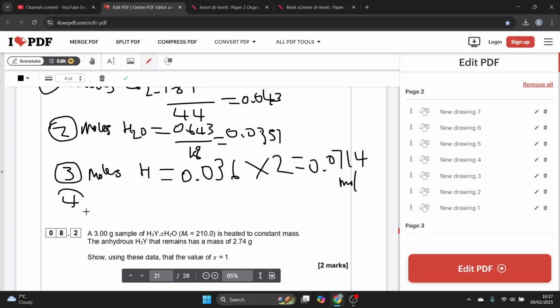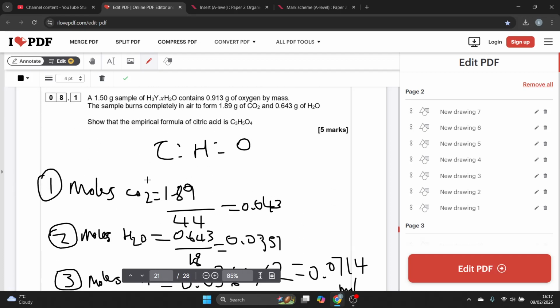And then I can work out the moles of oxygen. 0.913 divided by 16, obviously, 0.057 moles. So even if I didn't know what I'm doing, I've already got 2 marks out of 5, which is better than leaving it blank.